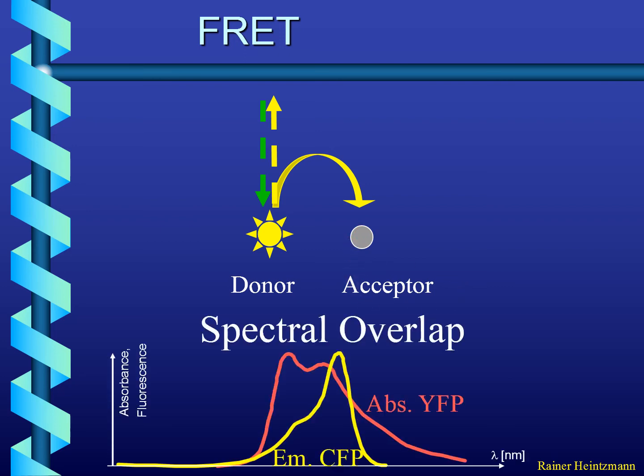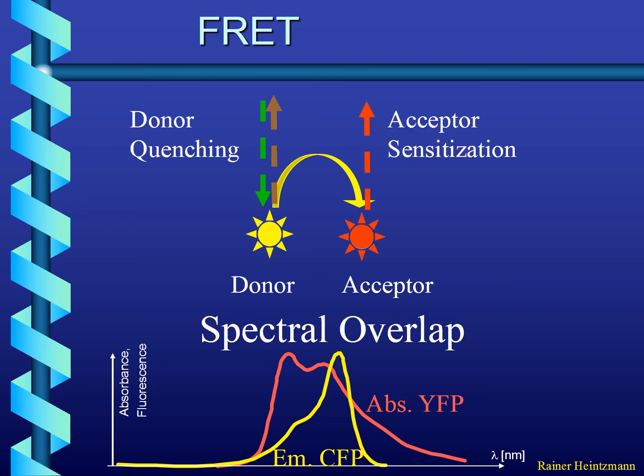If you have a spectral overlap of the emission spectrum of the donor with the excitation spectrum of the acceptor, then instead of emitting light, you get much less emission from the donor and you rather get excitation of the acceptor, which is called sensitized emission, because the donor helps the acceptor absorb that green light and then emit the red light. So that's called acceptor sensitization, and the whole process is called Förster Resonance Energy Transfer.